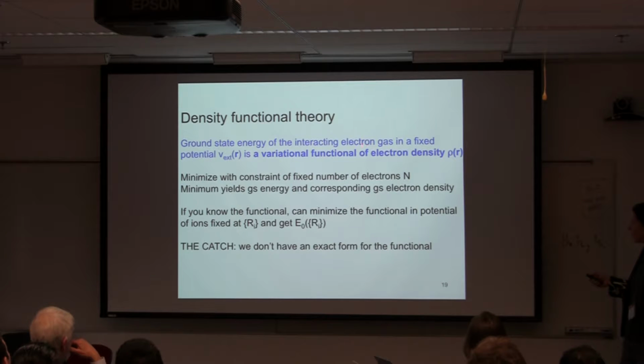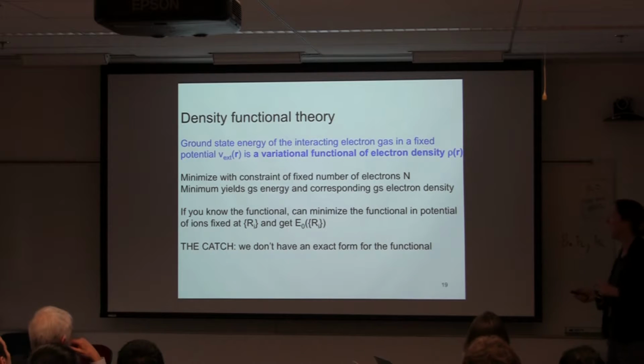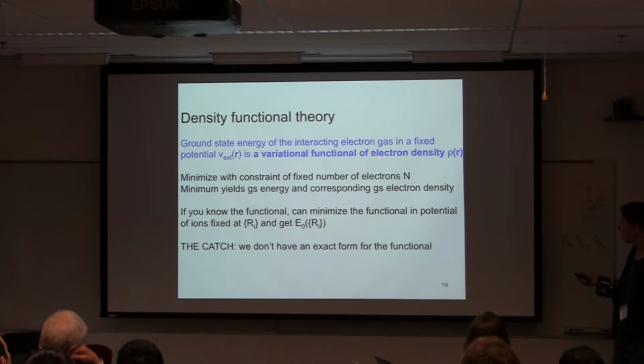So remember that E naught was the ground state energy of the interacting electrons in the fixed potential due to the nuclei. The first Hohenberg-Kohn theorem tells us that this energy is a variational functional of the electron density rho of r.